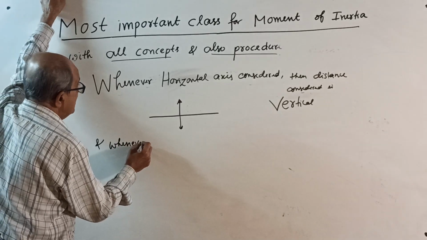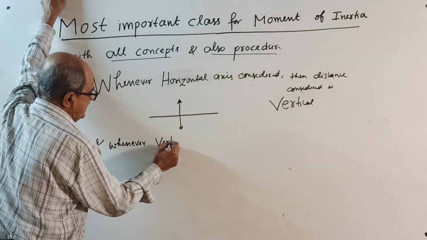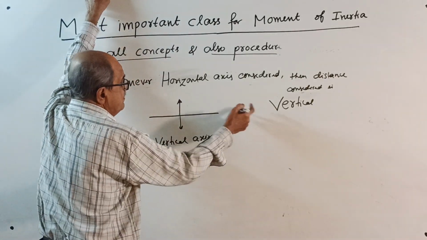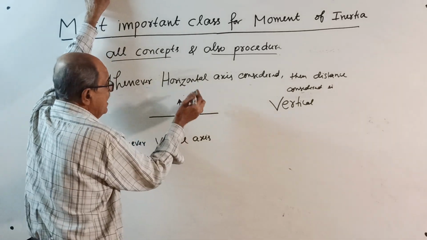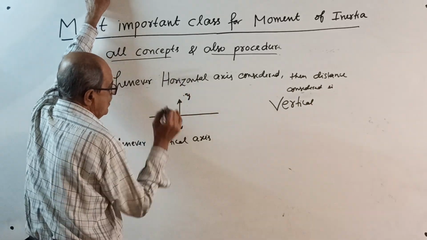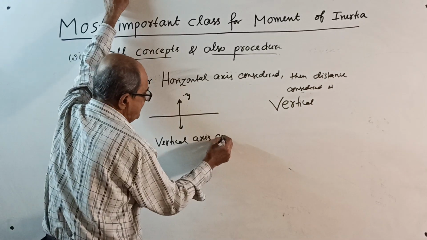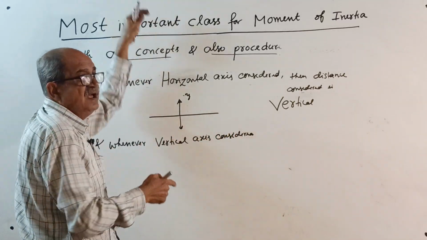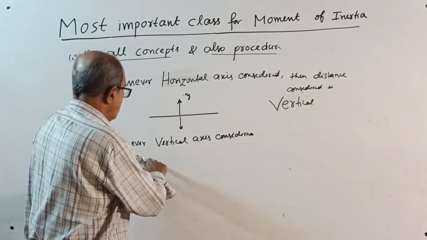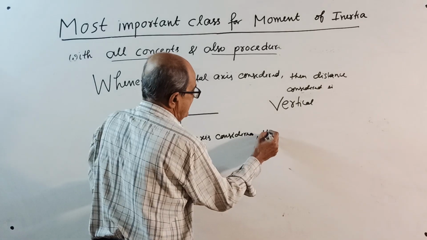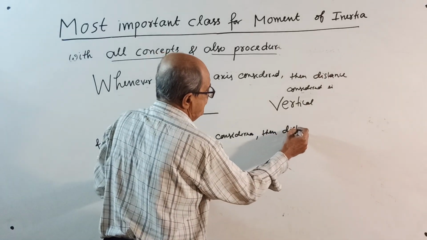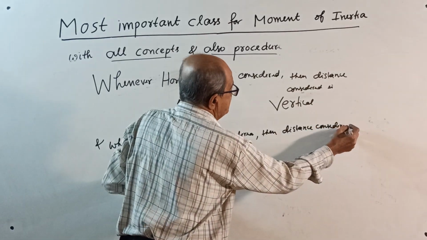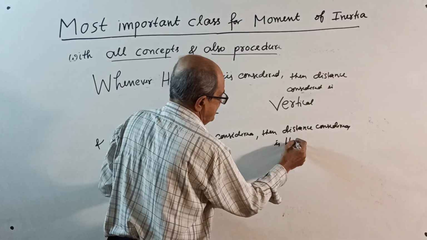And whenever a vertical axis is considered, the distance considered is horizontal. Vertical means like Y. Whenever a vertical axis is considered, the distance considered is horizontal.